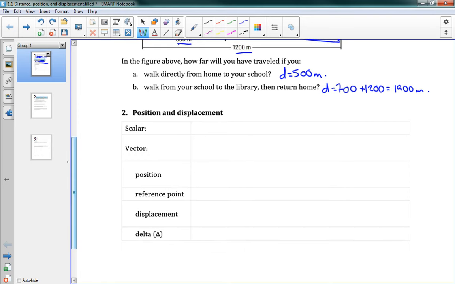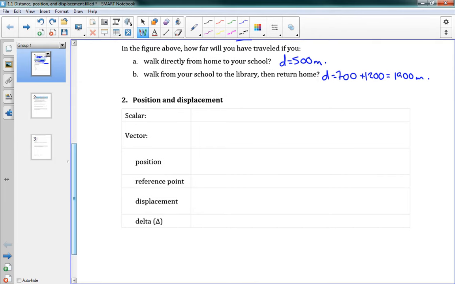Before we can actually talk about what those are, I need to make a distinction for you between scalars and vectors. A scalar is a measurement with only magnitude.